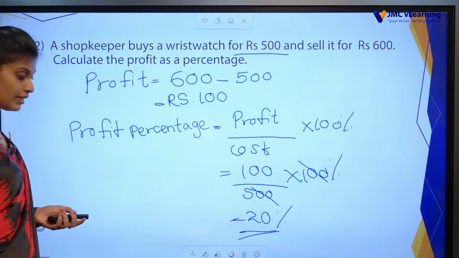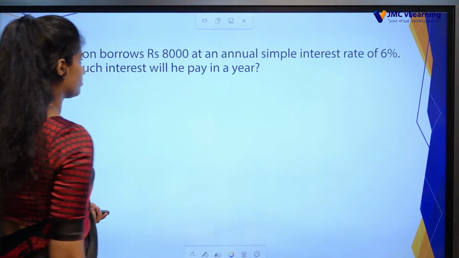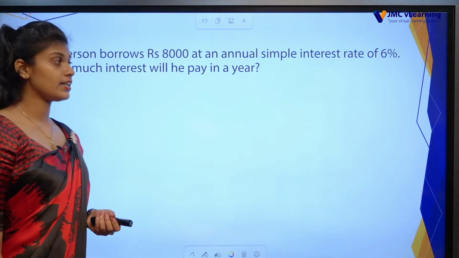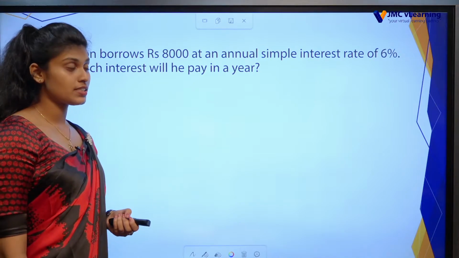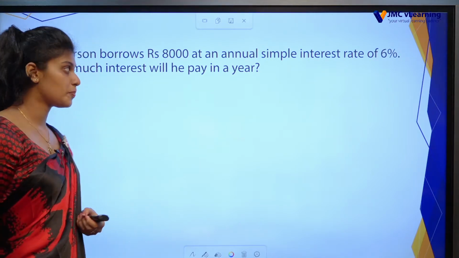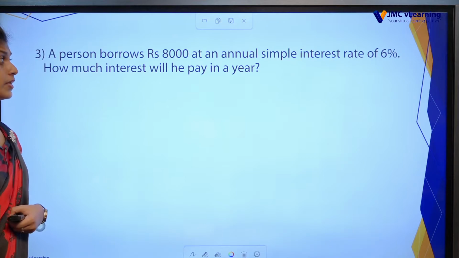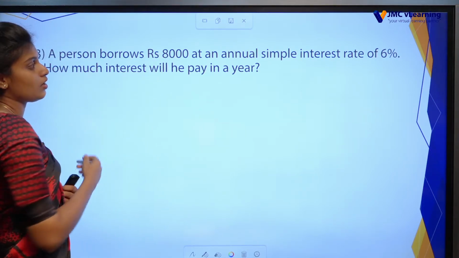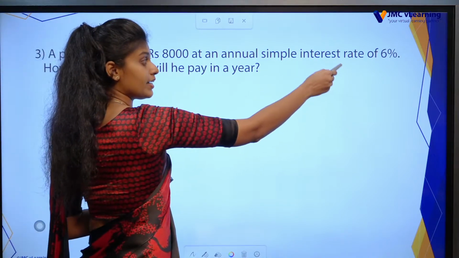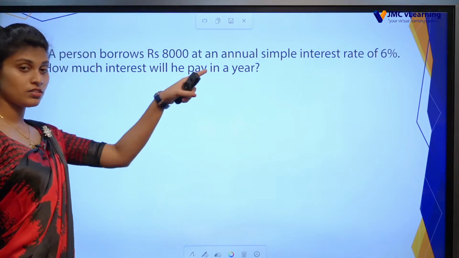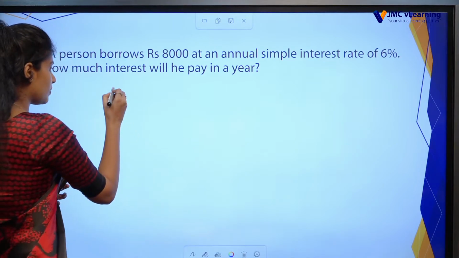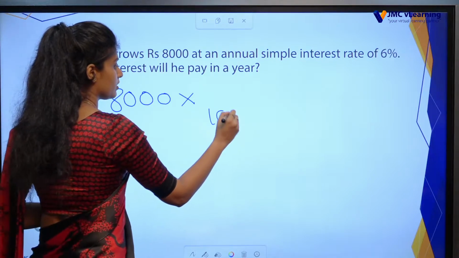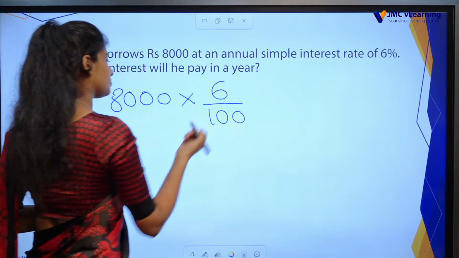Then let's move to the next question. A person borrows 8,000 rupees at an annual simple interest rate of 6%. How much interest will he pay in a year? Then 8,000 rupees at an interest rate of 6%. Here also "of" applies. That means you have to multiply 8,000 by 6%.